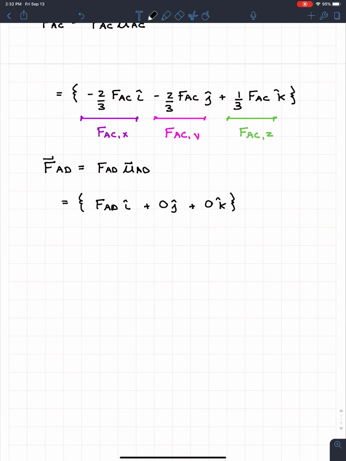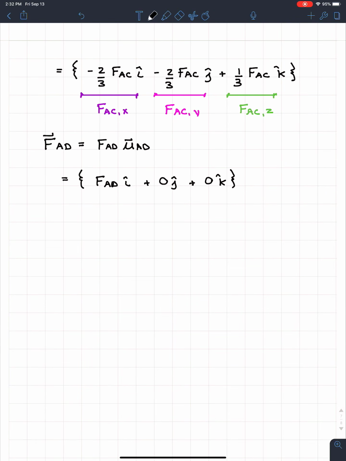Because if it's in the x direction it's fine, but let's say it was only in the y direction. I'd have FAD j, and I may easily mistake that for an i. So I always like to keep this order to remind myself, okay, these components are the ones that are 0, and this is the one I have to consider. And now finally what we can do is the last one, which is the weight vector, equal to, of course, the weight times the unit vector of the weight.